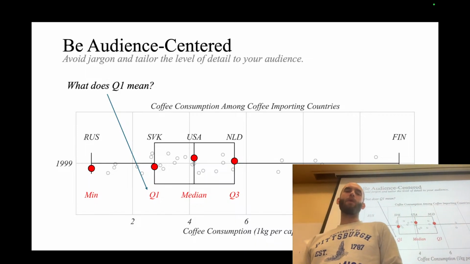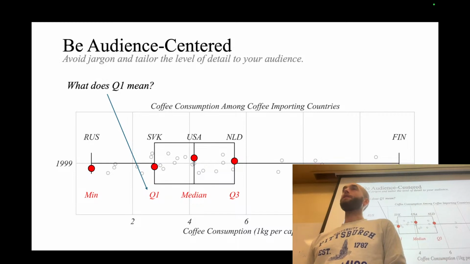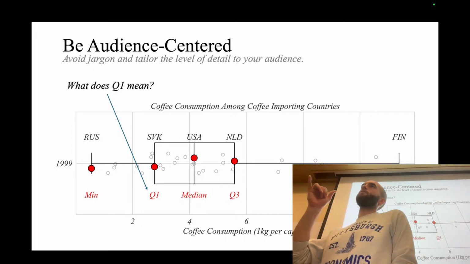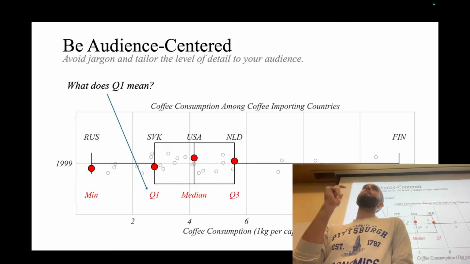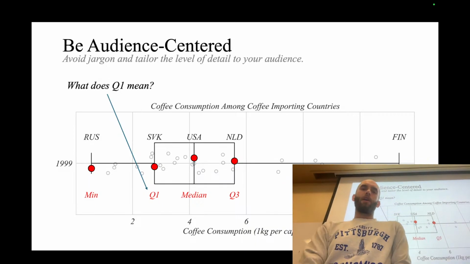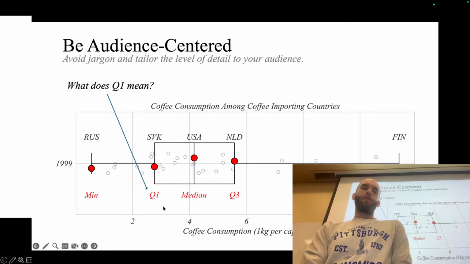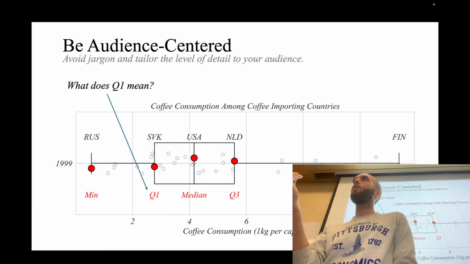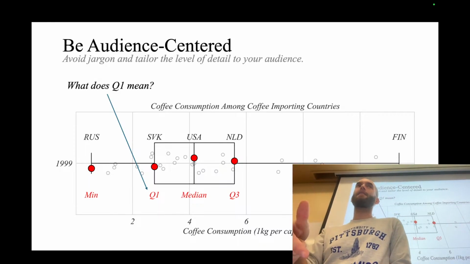The next thing is to think about what your audience would need to know to understand. This is similar to the previous one, giving context. If I just give this figure without specifying to an audience what Q1 is, most of the time, like you in this class, you know what Q1 is. We've talked about this in context.